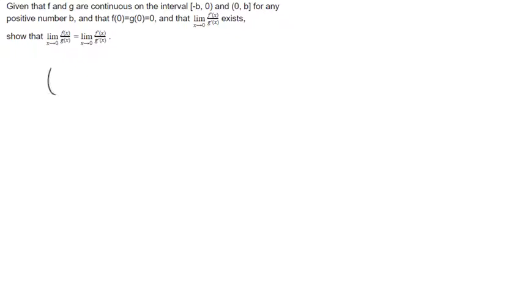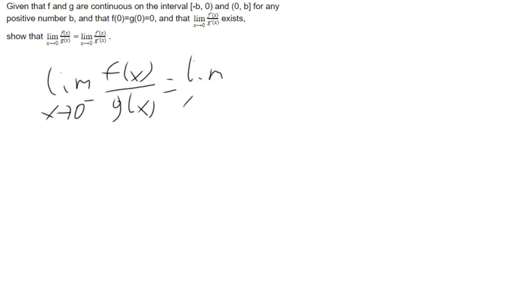So we know that the limit as x goes to 0 from the left of f of x over g of x equals the limit as x goes to 0 from the left of f prime of x over g prime of x.